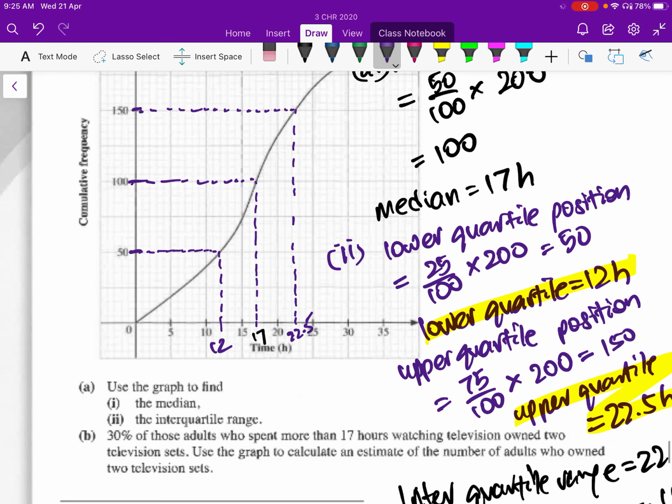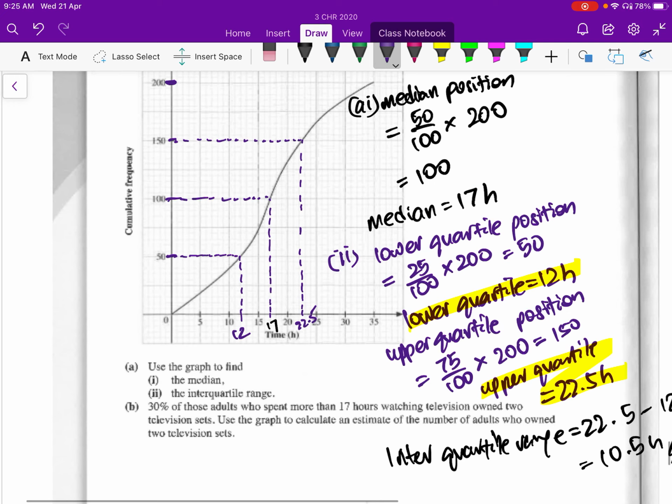Next, part B, 30% of adults who spend more than 17 hours watching TV own 2 television sets. Okay, let me remove all these first.